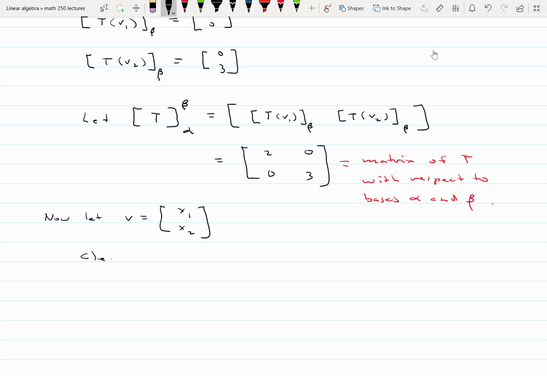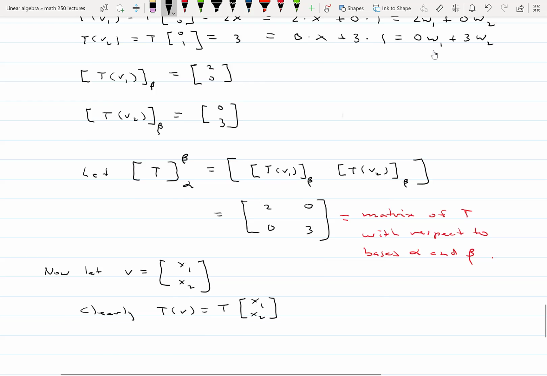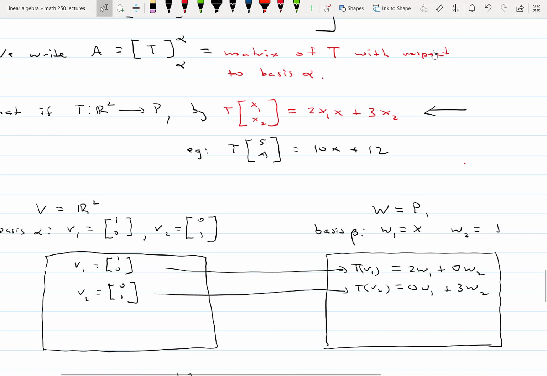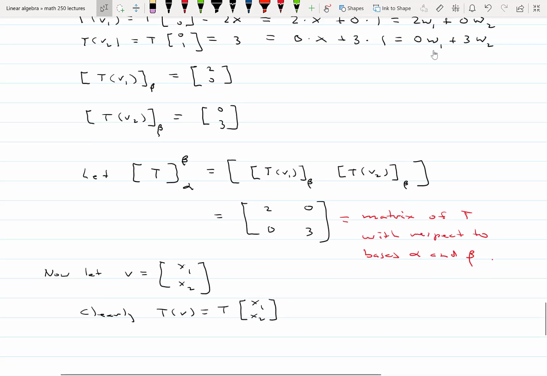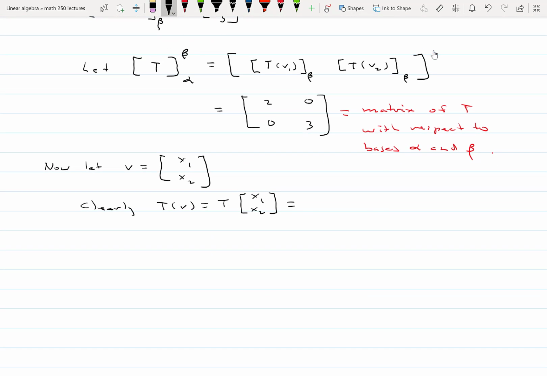By definition, T of V equals T of (x1, x2), which is (2x1, 3x2). That's the definition of our linear transformation.